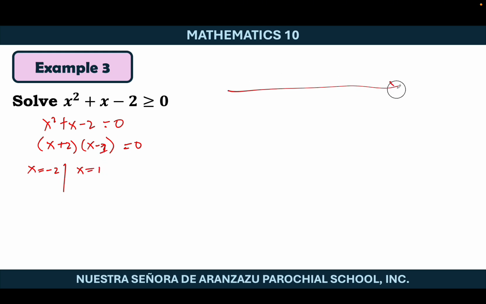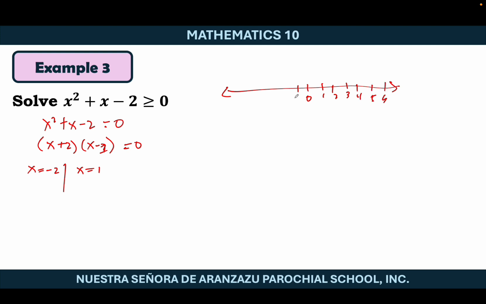Then, locate lang. Meron ka ng dalawang value ng x, di ba? So, automatic, we have 0, 1, 2, 3, 4. Ayusin ko lang yung number line. Okay, we have 0, 1, 2, 3, 4, 5, 6.